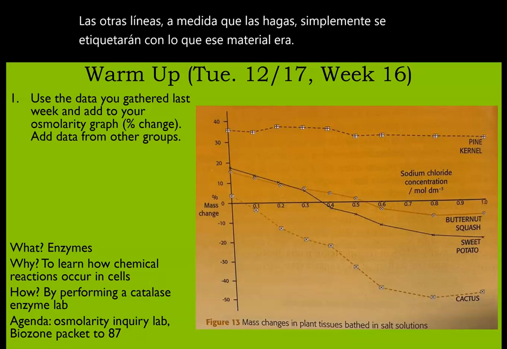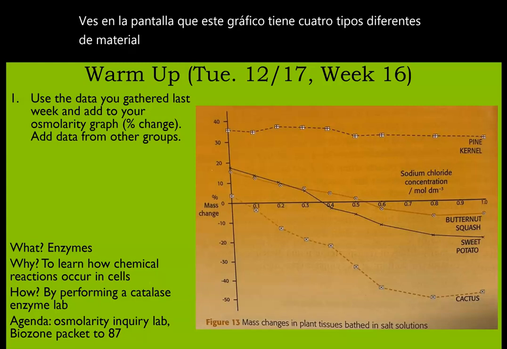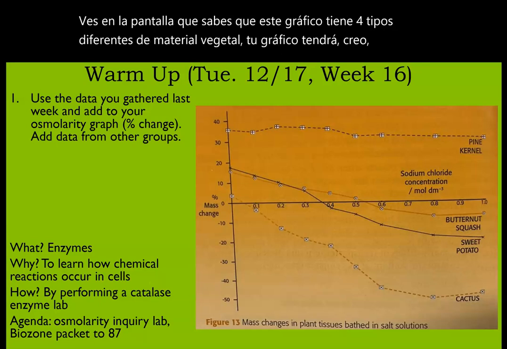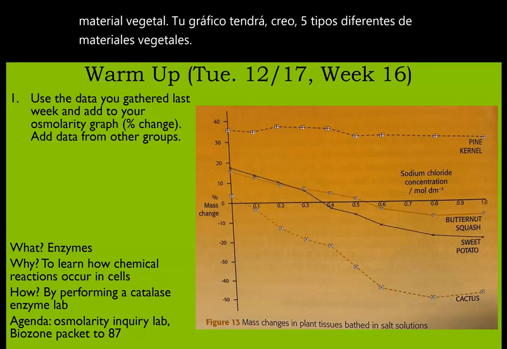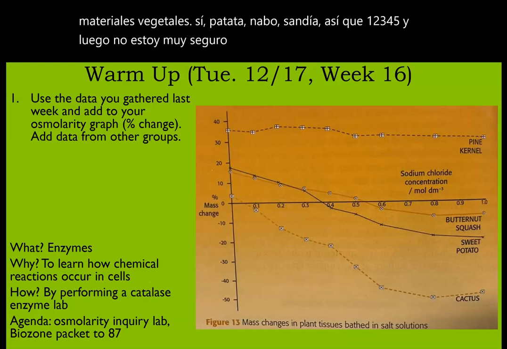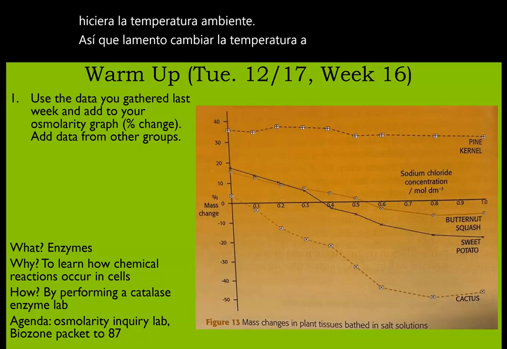So you see up on the screen, this graph has 4 different types of vegetable material on there. Your graph will have, I think, 5 different types of vegetable material. So you got potato, turnip, watermelon, so 1, 2, 3, 4, 5. And we had one group that changed the temperature that we had the potatoes sit at.